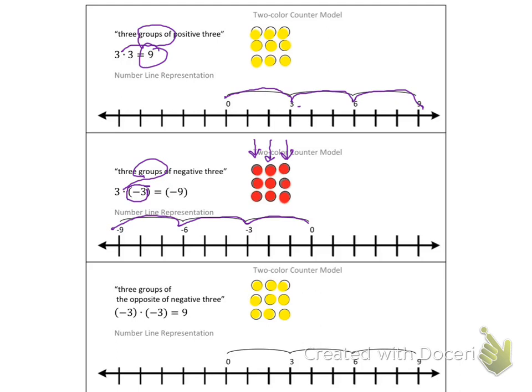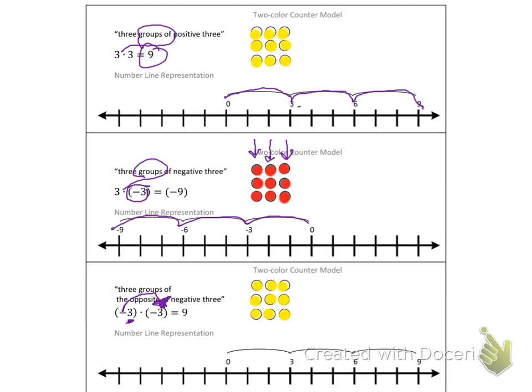So we can't have a negative number of groups. So what happens is we have to take this negative sign and we have to apply it to the second factor. So instead of saying negative 3 groups, we're going to come back to the concept of the opposite. We're actually going to have 3 groups of the opposite of negative 3.